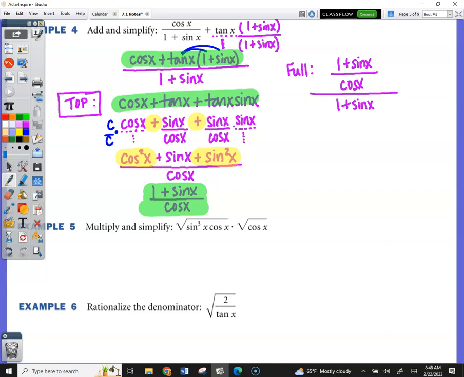That's why the dramatic fraction bar is helpful, because this is going to keep, this is going to change, and this is going to flip. When you say flip, it's now going to be 1 over that mess. So let's keep, change, flip it.